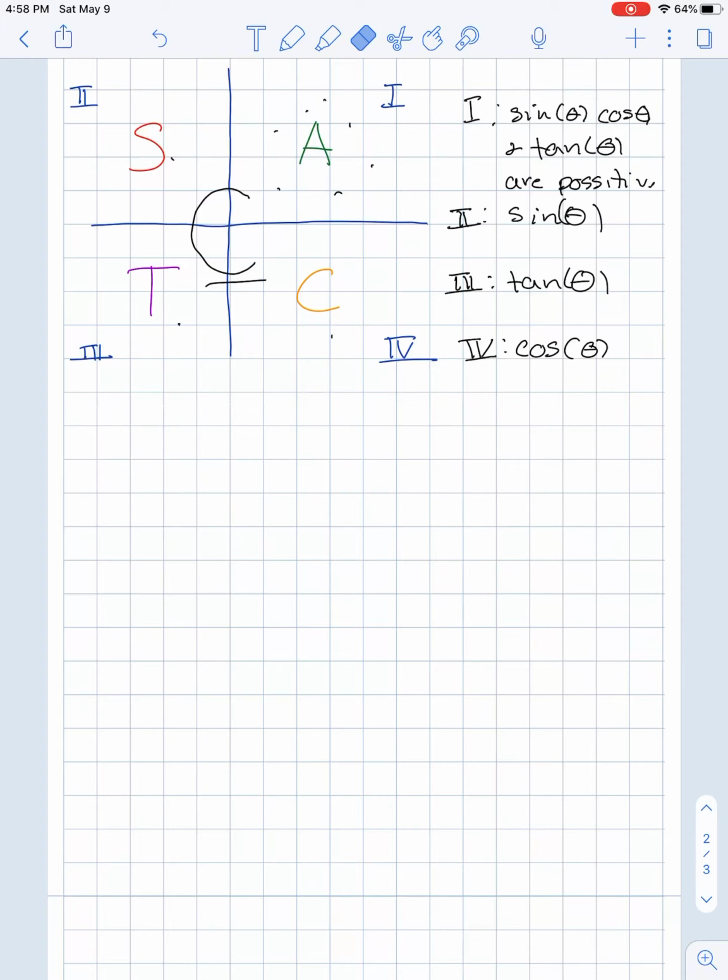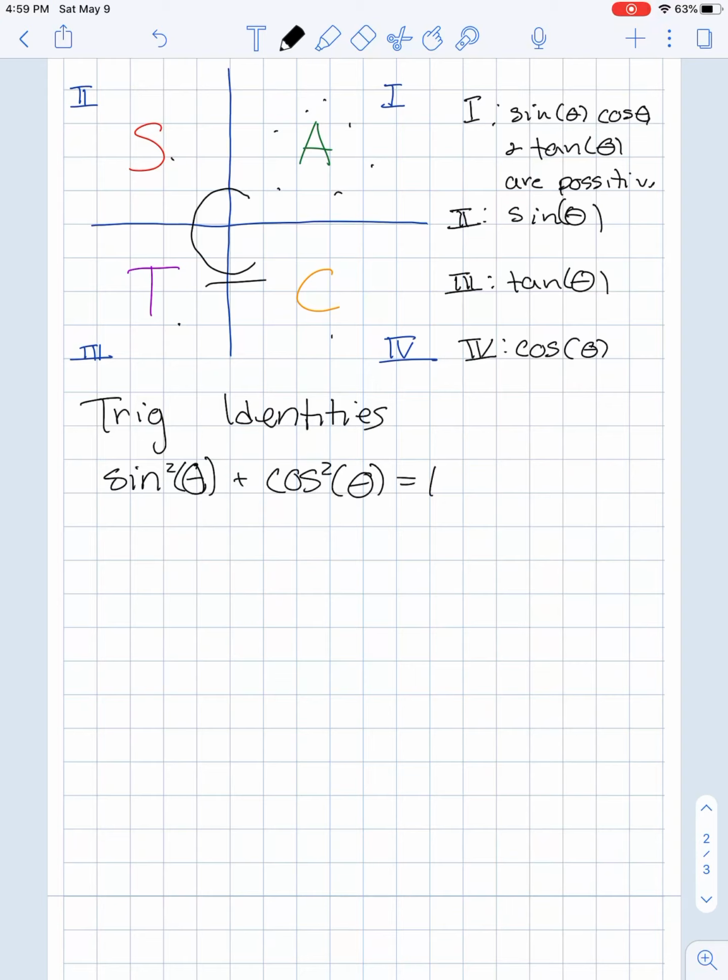So, sine squared theta plus cosine squared theta equals 1.